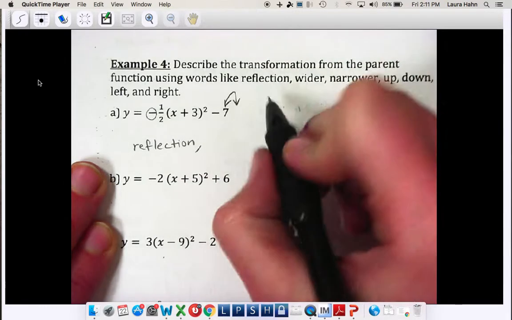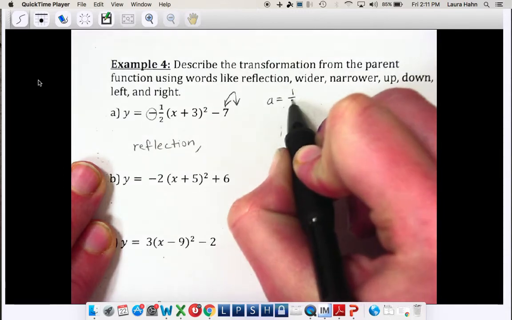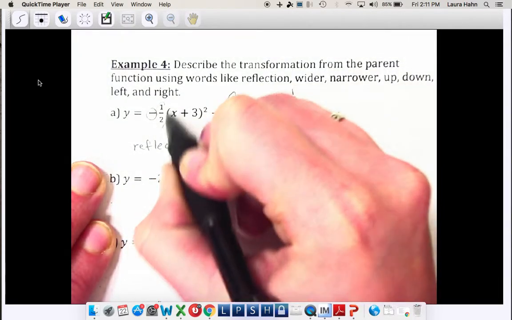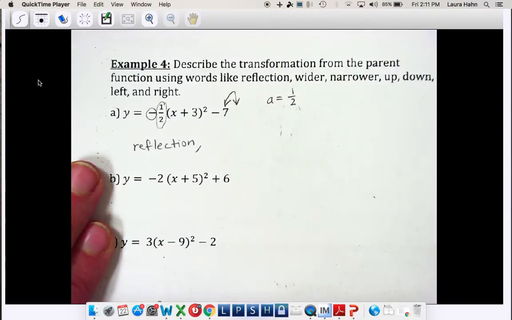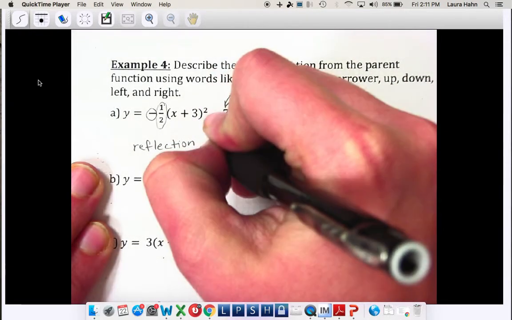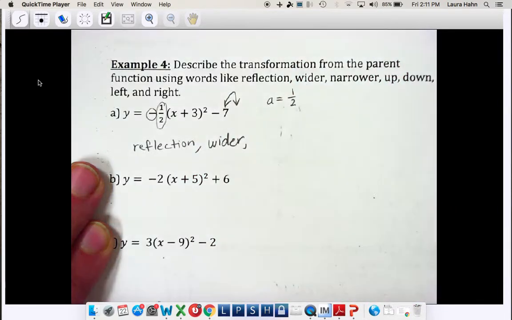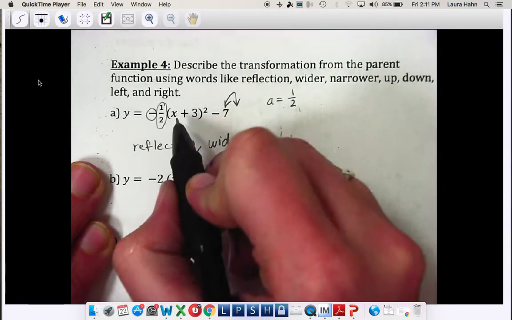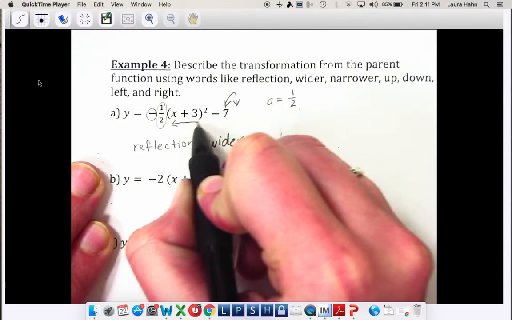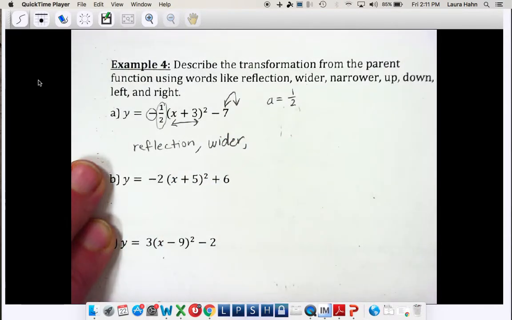Next thing I see is that A is 1/2. When I know A is between 0 and 1, which 1/2 is, a decimal, 0.5, I know it's going to make it wider. Then I see that we're adding 3 to the x. So I know that's going to affect it by moving it left or right.